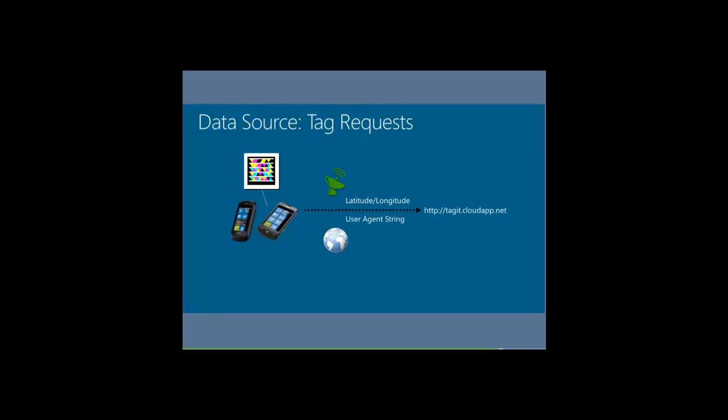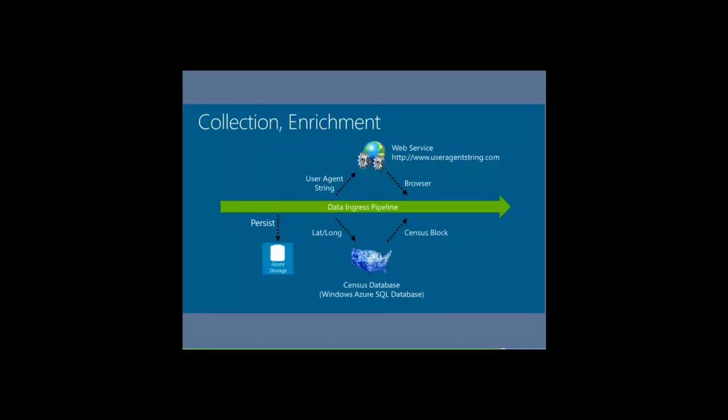So we get all that raw information to that URI. That's how I defined my tag. I registered this tag and defined it as going to this URI. So that's what happens first if you scan with your phone.